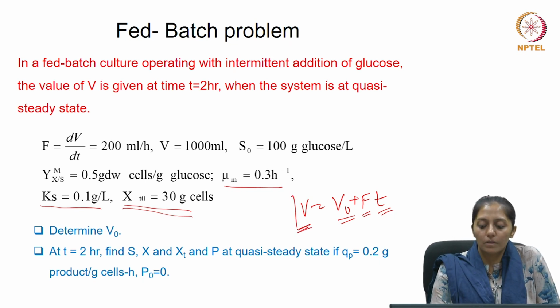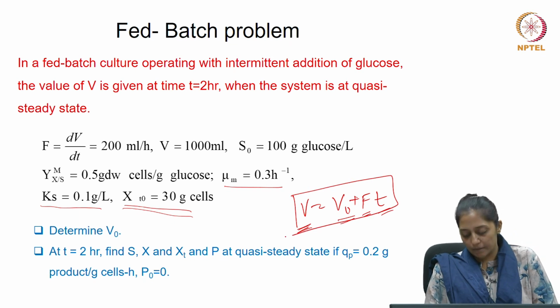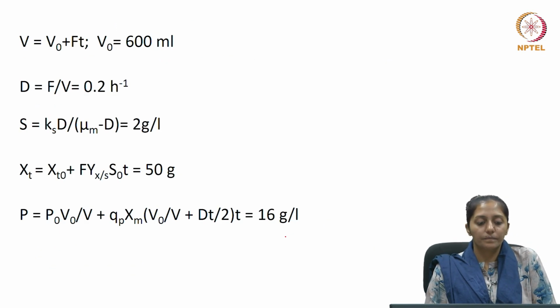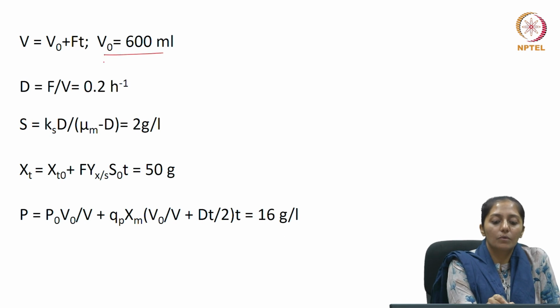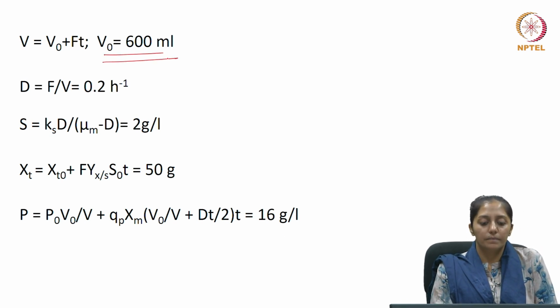So, if you substitute all the values, we will be able to find the value of V0. So, your V0 turns out to be 600 ml when the quasi steady state began.